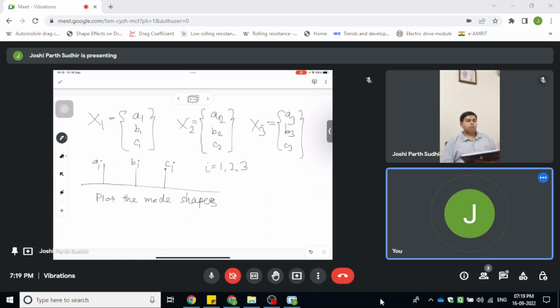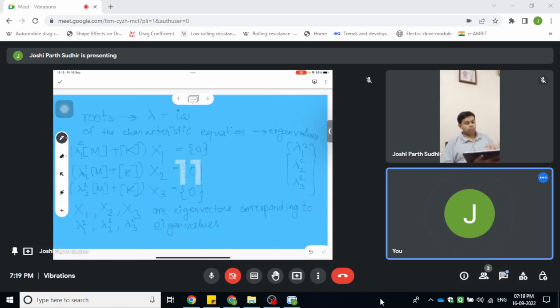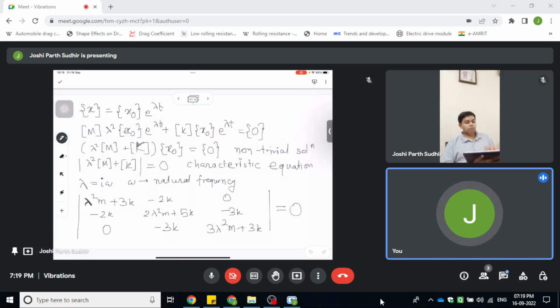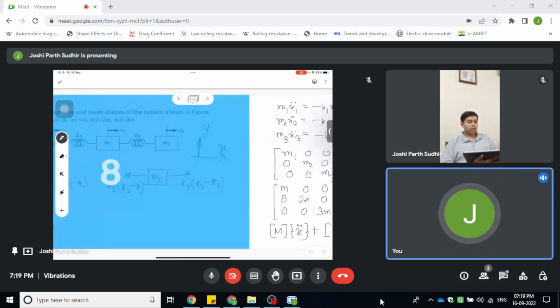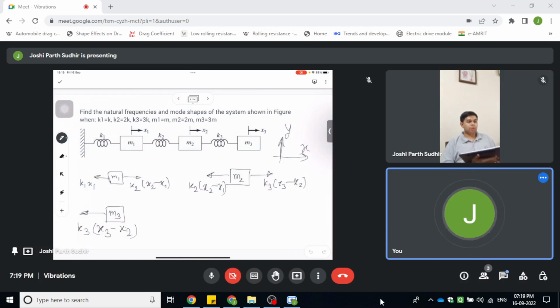So in this problem we have seen the approach of how to get the natural frequencies and mode shapes. First we started off with drawing the free body diagrams for each of the system masses m1, m2 and m3.